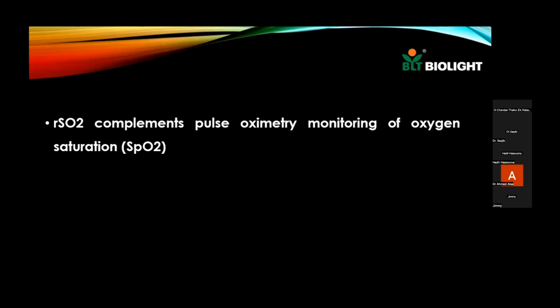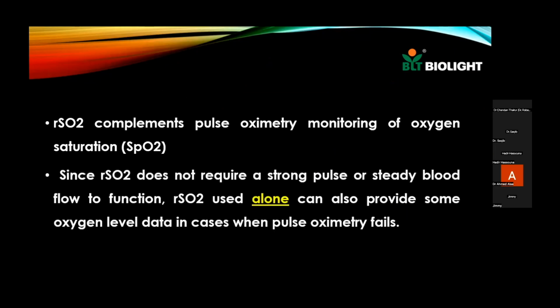So regional saturation complements the pulse oximeter monitoring of oxygen saturation. Since regional saturation does not require a strong pulse or a steady blood flow to function, sometimes regional saturation used alone can also provide some oxygen level data in cases when the pulse oximeter fails, because the pulse oximeter depends on pulsatile flow.